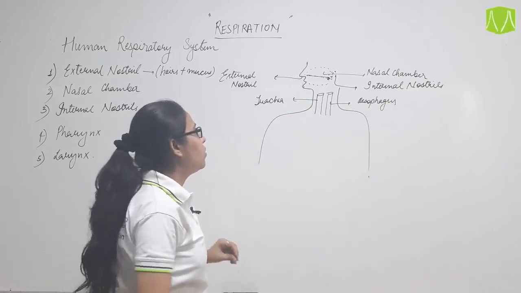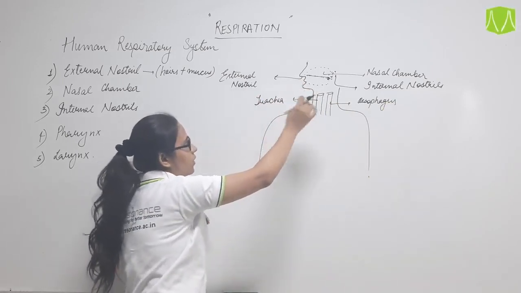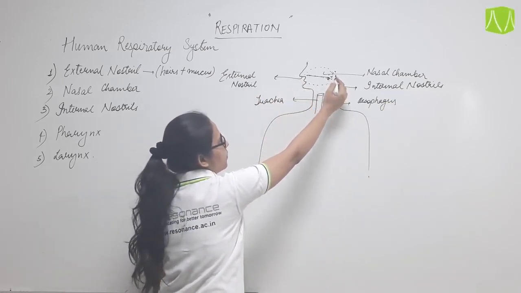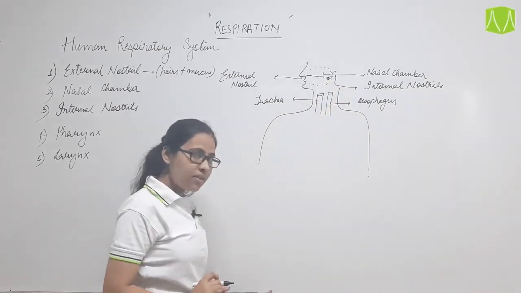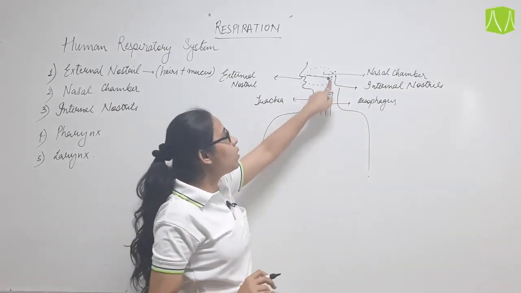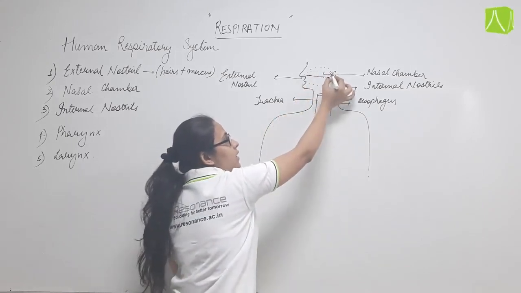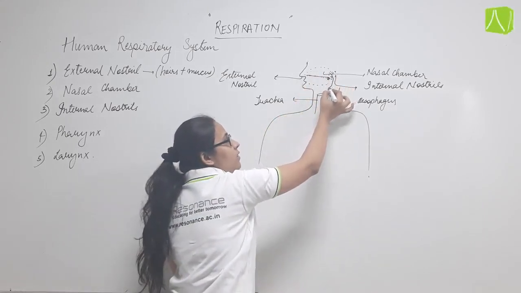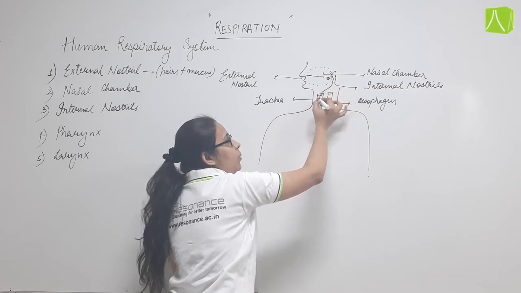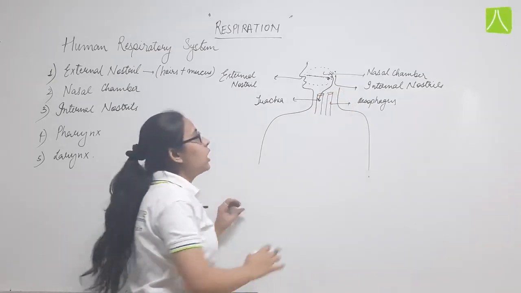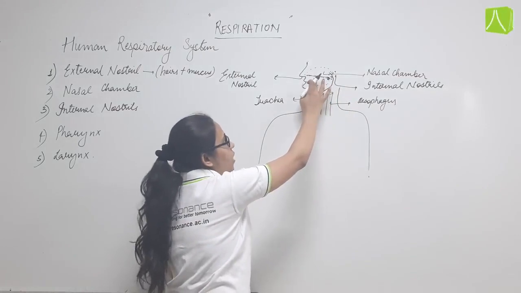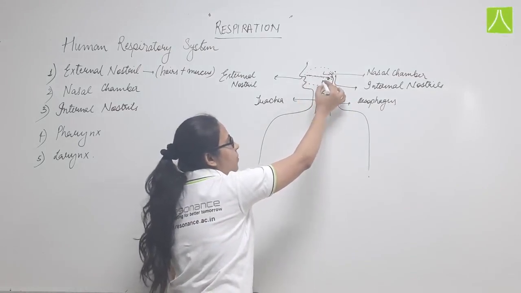Now look over here. This is the internal nostrils. I have explained this. From this nasal chamber air is coming, which goes like this and enters into the windpipe. From this buccal chamber the food is coming.